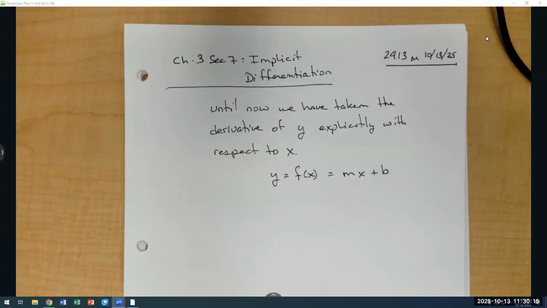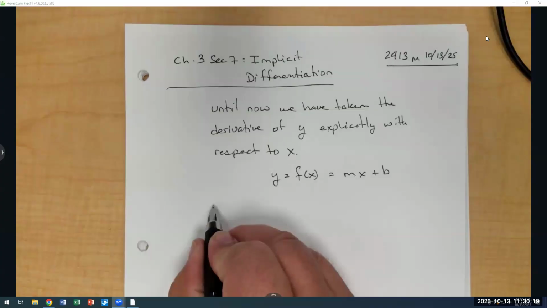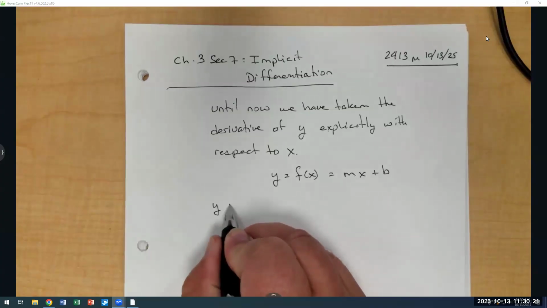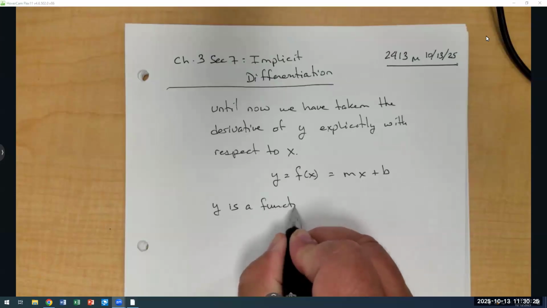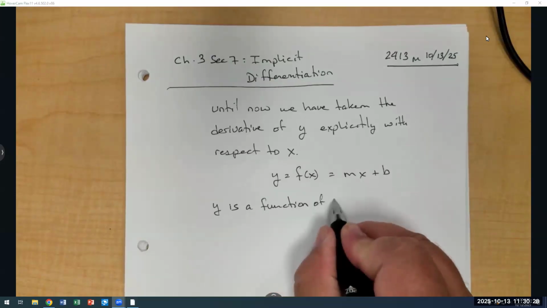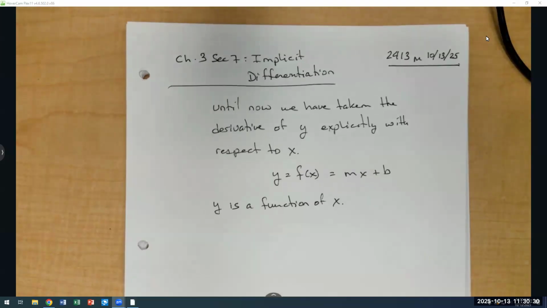We had x and y separated. So y is a function of x. That's explicit differentiation.